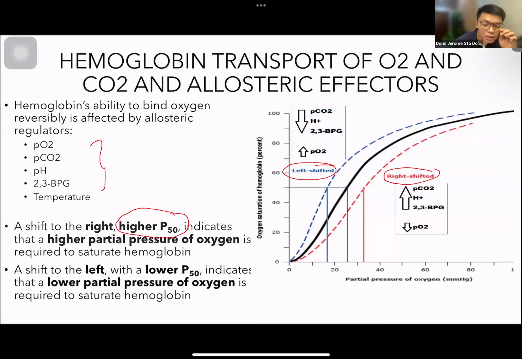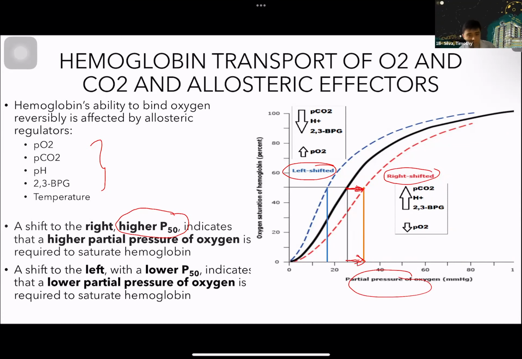What again is P50? What do we check in P50? The partial pressure at which your hemoglobin is 50% saturated. Right? So, when you shift the curve to the right, do you also increase the partial pressure? Yes, Doc.